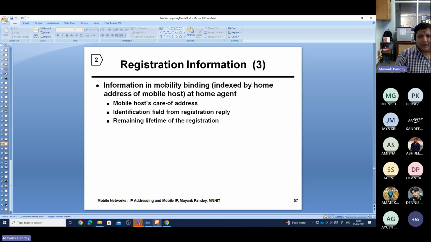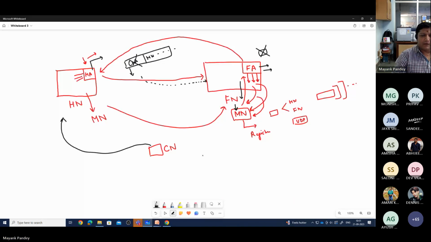So as I told you, there are three processes: agent discovery, registration, and third is datagram delivery. Now let us see some spatial aspects.